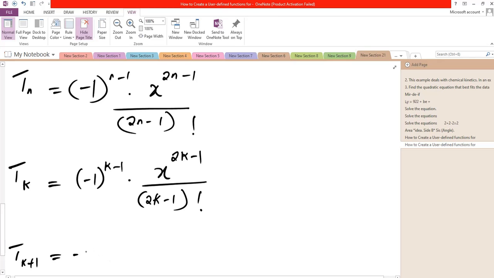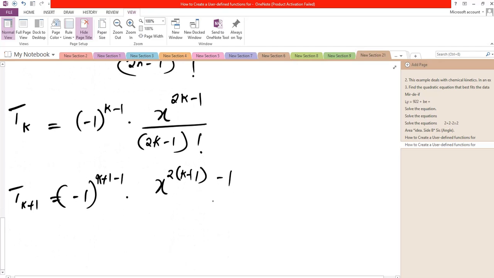Now you have -1 raised to power k plus 1 minus 1 times x raised to power 2 into k plus 1 minus 1, divided by 2 into k plus 1 minus 1 factorial.